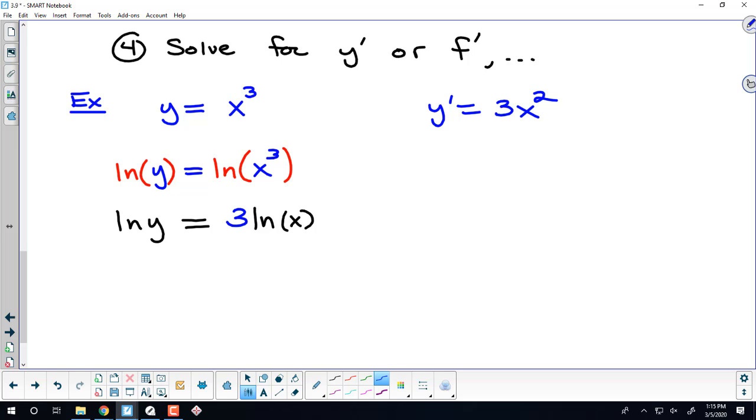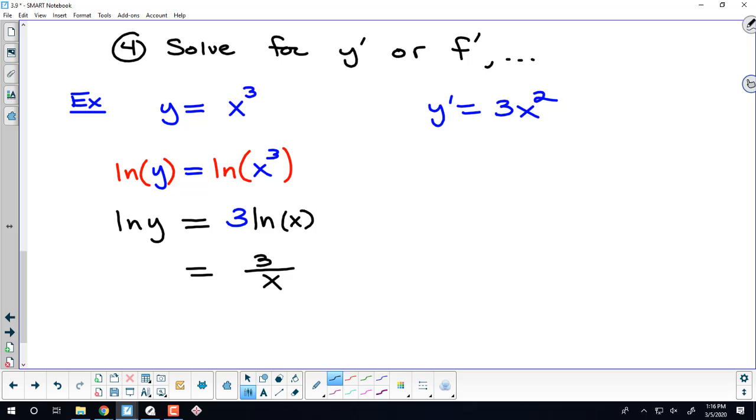Okay, so what's the derivative of the natural log of y? The derivative of 3 ln of x: 3 times the derivative of the natural log of x is 3 times 1 over x, so 3 over x. And the derivative of the natural log of y is y prime over y.